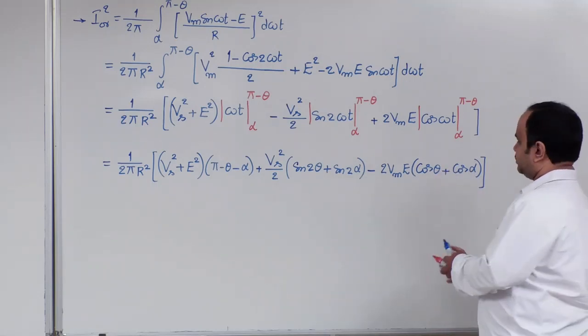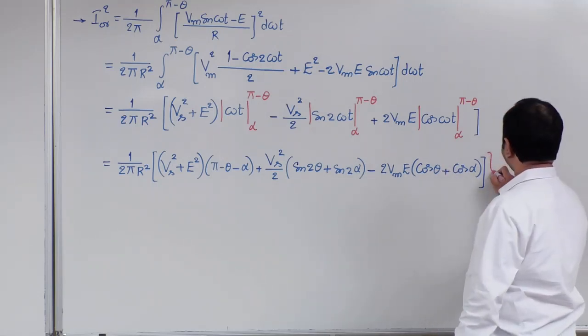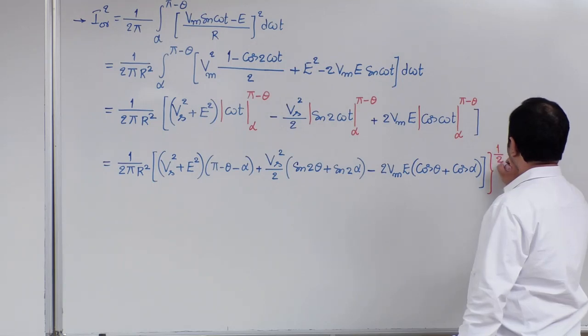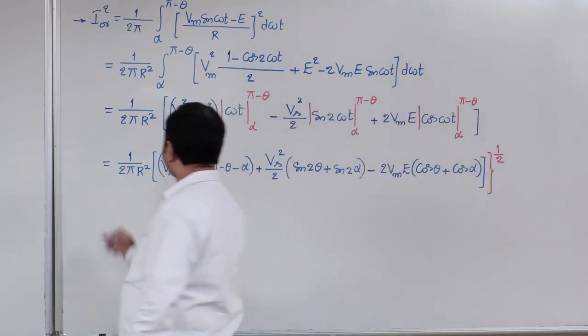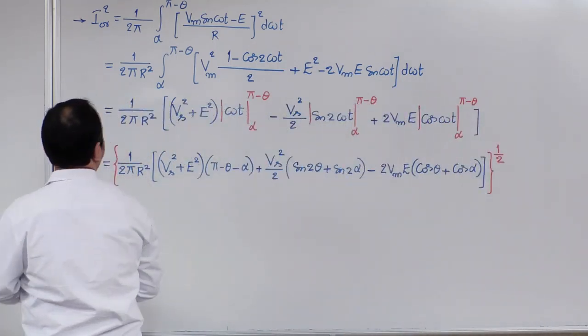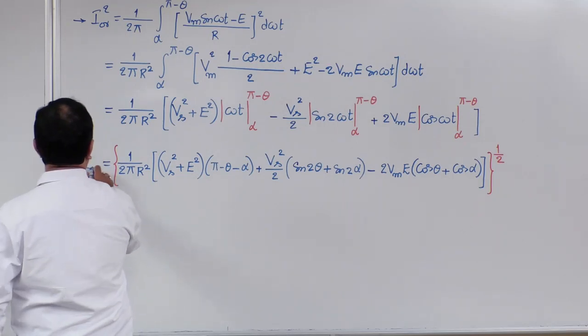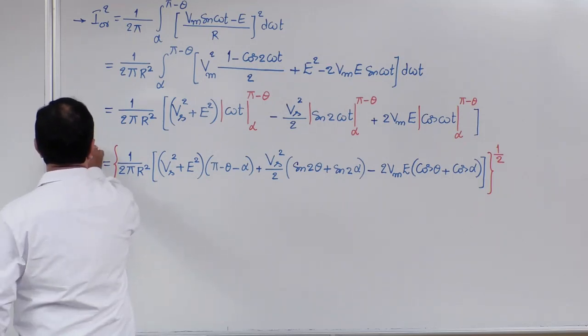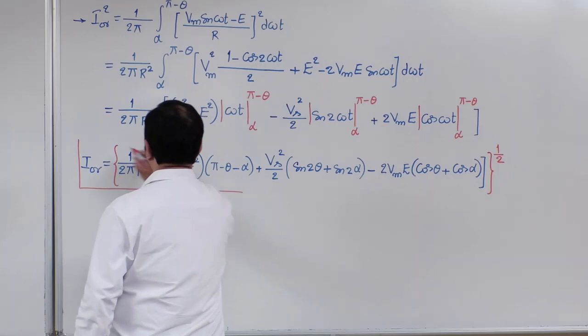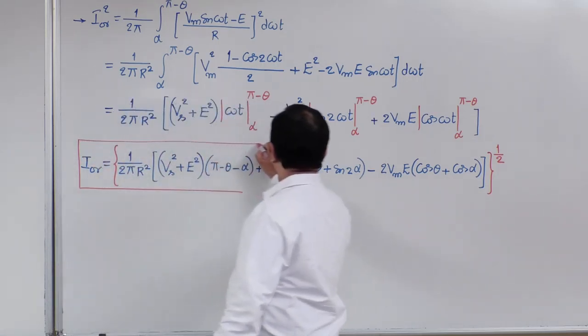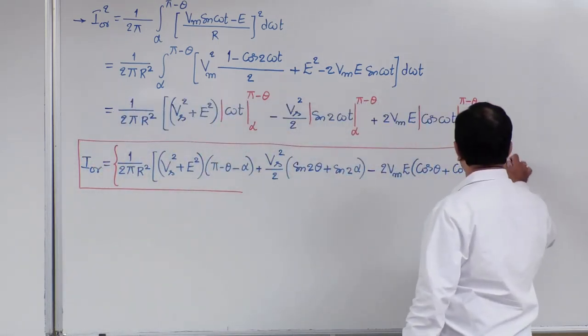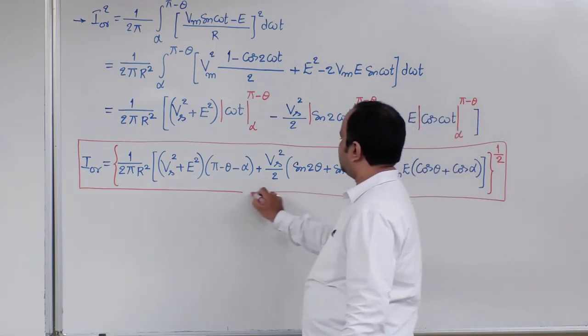Okay. So for this total term, we should write under root. So this will give you the expression for RMS current.